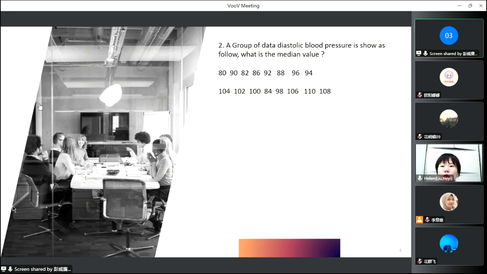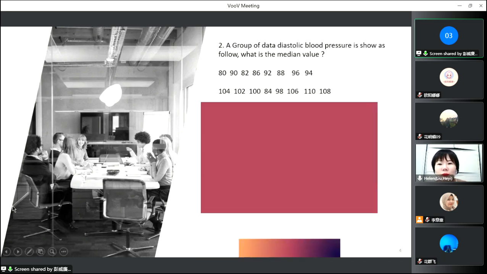Question 2. A group of data, diastolic blood pressure, is shown as follows. What is the median value? There are 1, 2, 3, 4, 5, 6, 7.